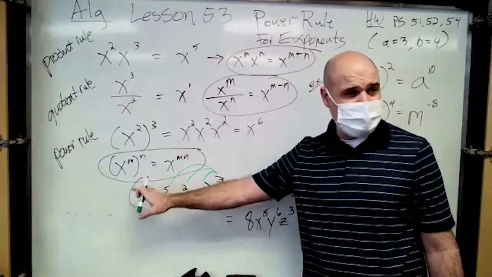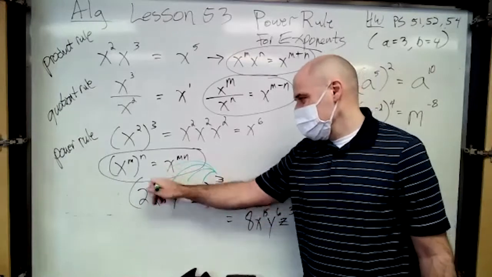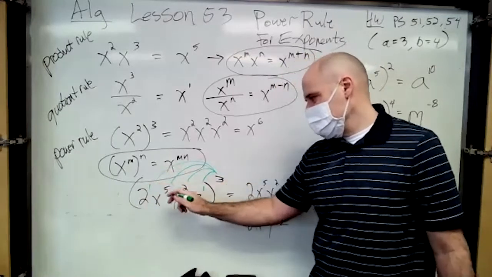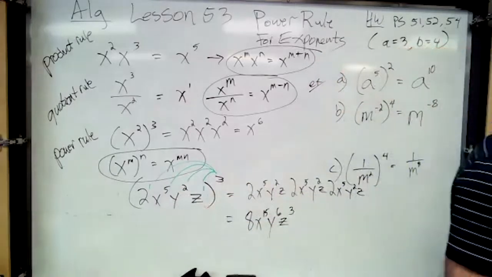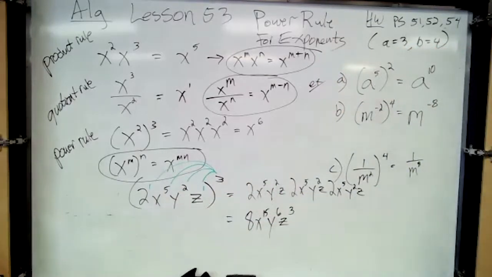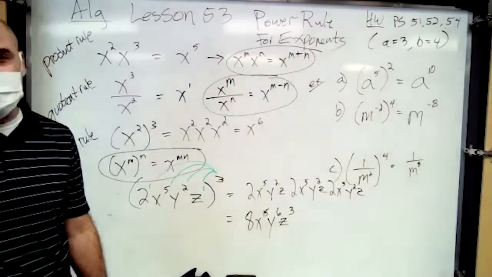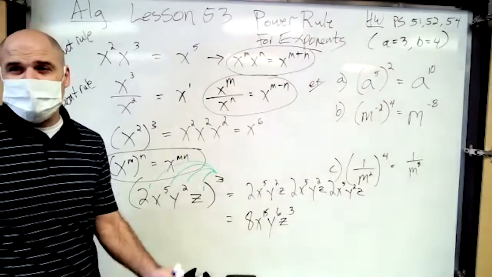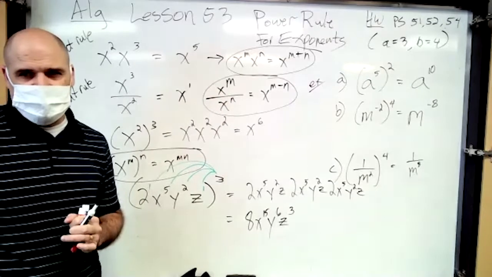What happens when you don't see an exponent? It's a 1. So 2 to the 3rd, x to the 15th, y to the 6th, and z to the 3rd. Okay? So you can still use the power rule for this, even though there's multiple variables and a coefficient, but you have to apply that exponent to each factor. Okay, can you guys handle that?